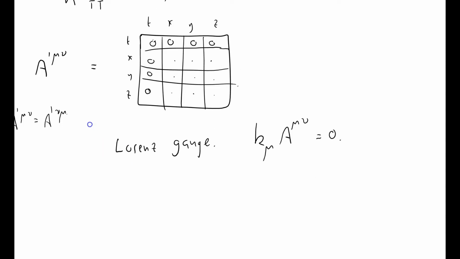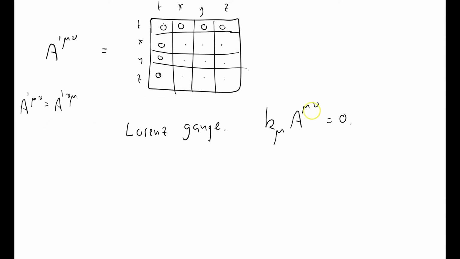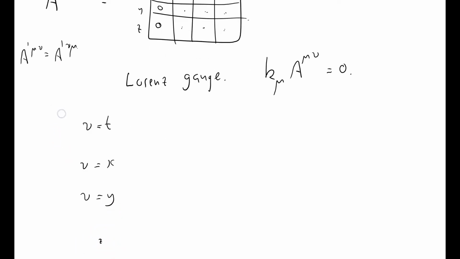So there's 4 equations there, one for each value of nu. And what we'll do is we'll see how it simplifies these terms here. We'll come up with a simplification using the Lorenz gauge. So I'm going to write nu equals t, nu equals x, nu equals y, and nu equals z.